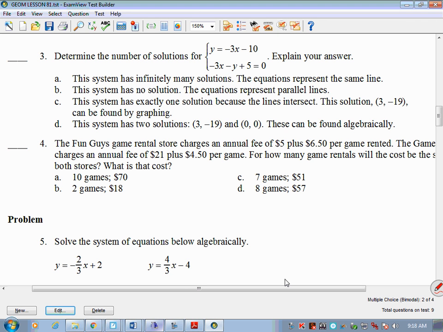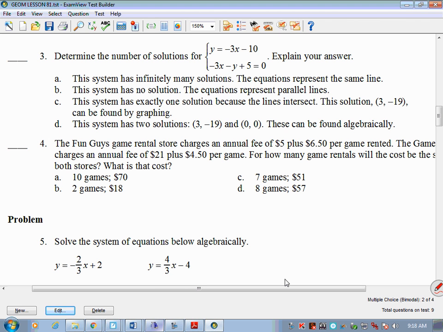Number 3, determine the number of solutions. We got y equals -3x minus 10. And we got -3x minus y plus 5 equals 0. Okay? So what do I want to do with that second equation? Aaron, what do you think we would want to do with that second equation? We've got our top one. It looks fine. What do I want to do with the lower one?